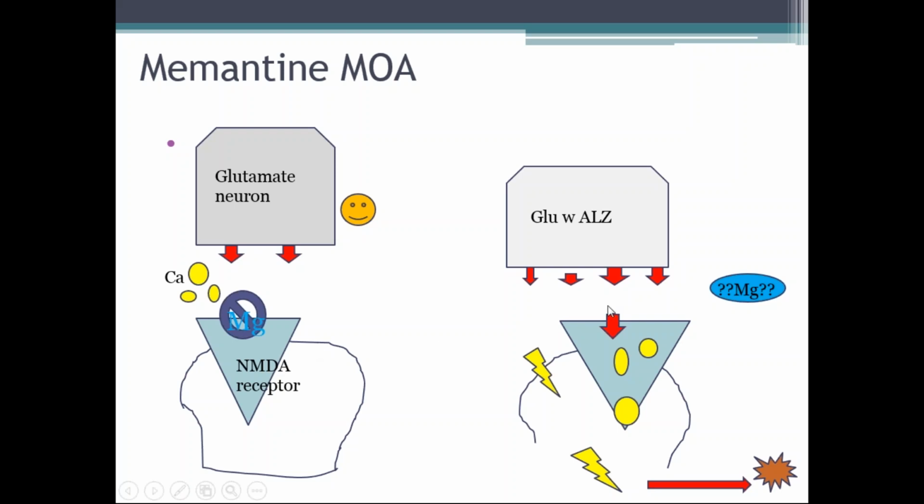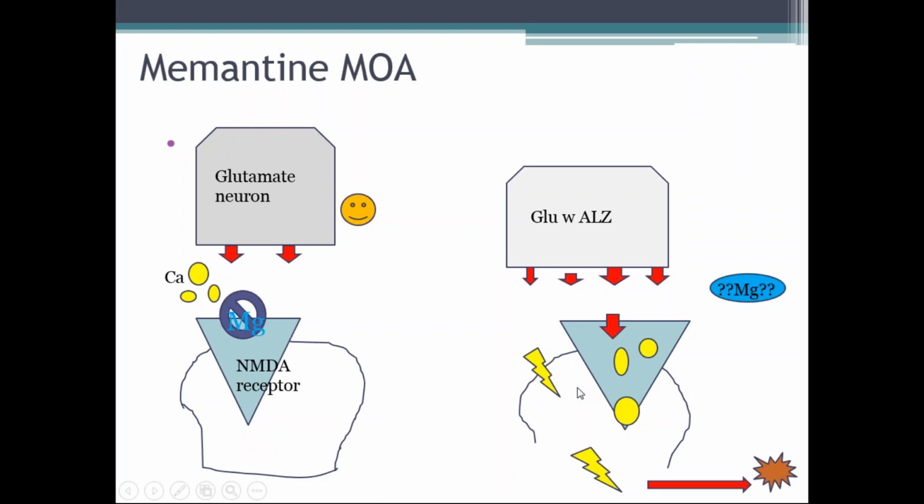But with Alzheimer's disease, with all the excitotoxicity, there's just too much glutamate being released. It essentially overwhelms that receptor. So calcium is constantly coming in, and calcium, with its positive charge, is going to cause this cell to become depolarized and fire. With Alzheimer's disease, this never stops. There's a constant flux of glutamate onto this receptor.